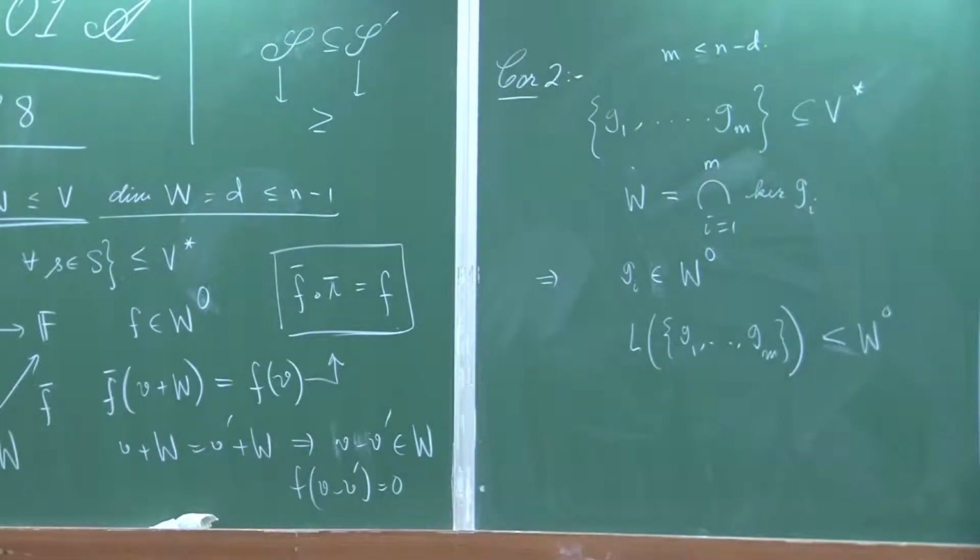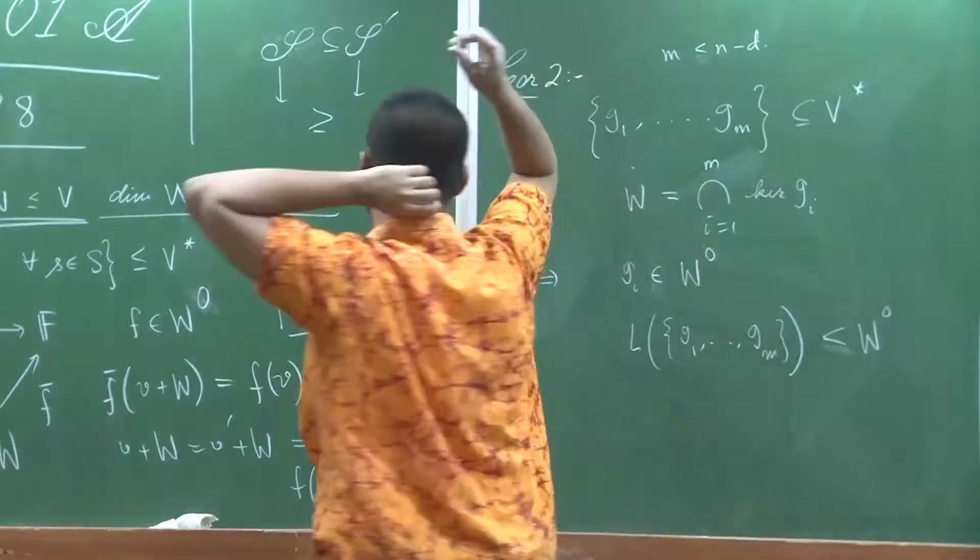When you have more polynomials, the subspace annihilated by them will be smaller.